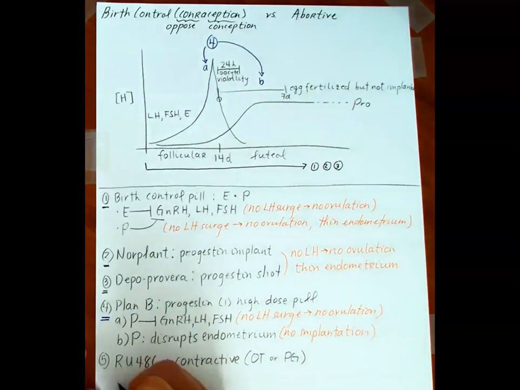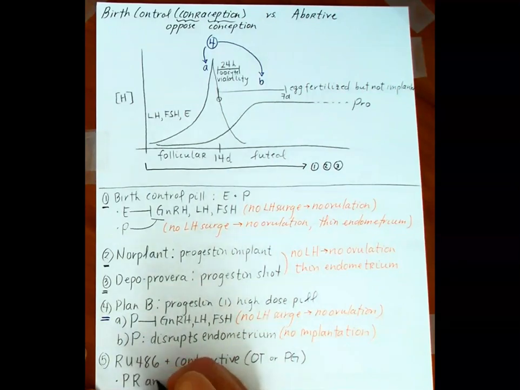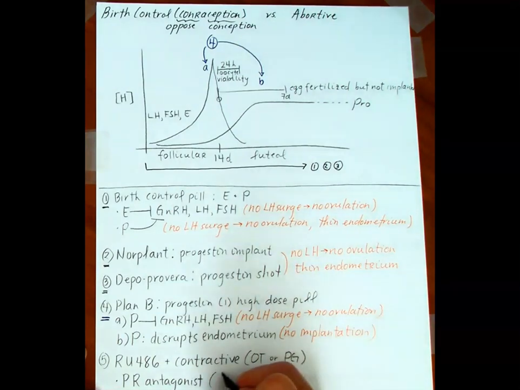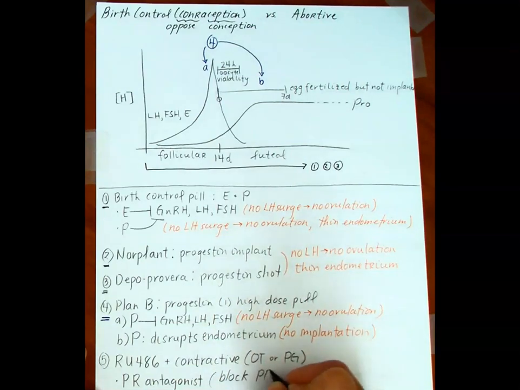So what RU486 does is it is a progesterone receptor antagonist. Okay, so if you folks remember what a receptor antagonist does, it binds and it blocks. And if you block this receptor, you can no longer maintain the endometrial lining.